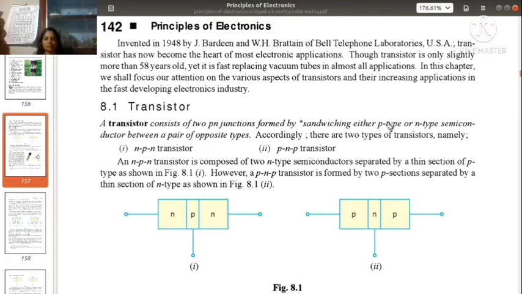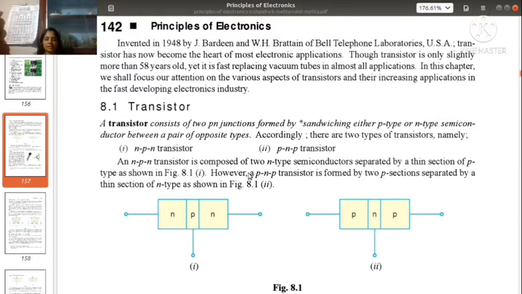We can sandwich either p-type or n-type semiconductor between a pair of opposite types, so the transistor can be of two types accordingly. So there are the Npn transistor and the Pnp transistor.